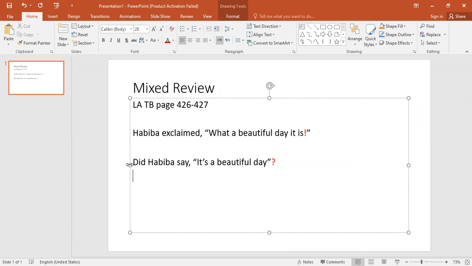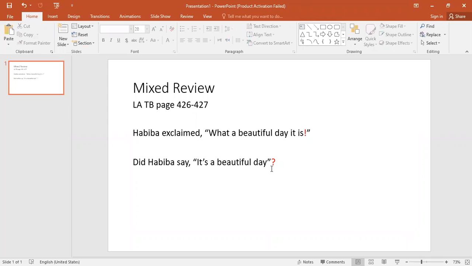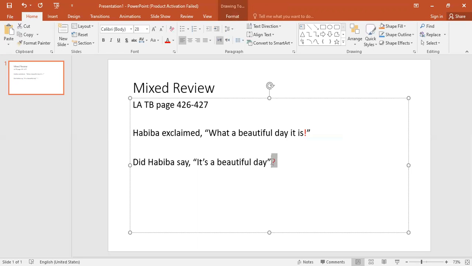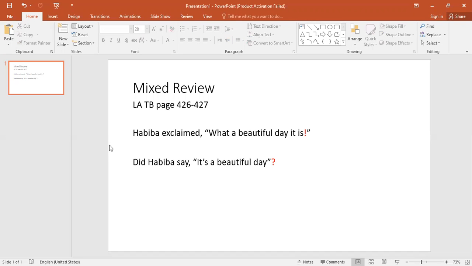But in the second example, I'm asking you, did Habiba say "it's a beautiful day"? Or did Habiba say "what a beautiful day it is"? Here I'm putting the question mark outside because I am asking if this is what Habiba said. Habiba did not ask a question for me to put it inside and make it part of her direct quote. You understand? That's why we have the question mark after the quotation marks.